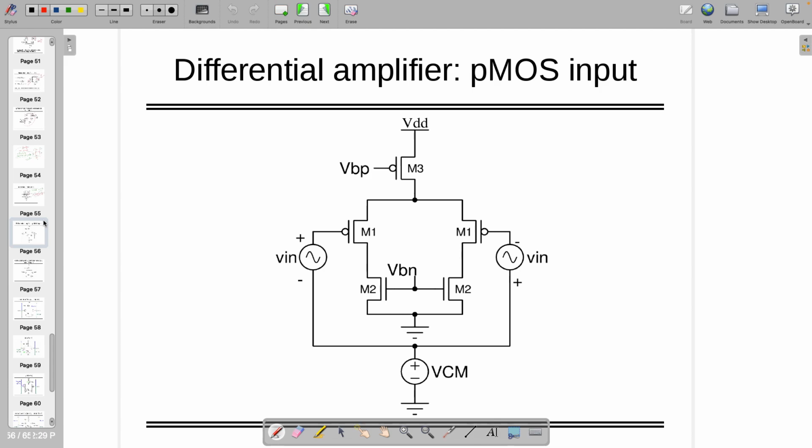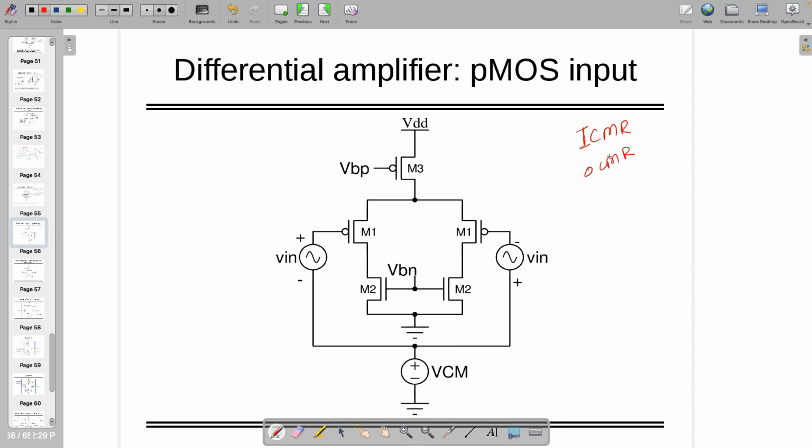But a very important thing is in any amplifier, how much DC potential you can give at the input side or how much DC output you can observe at the output side. That is known as the input common mode range or the output common mode range. Generally common mode is DC. However, it might be AC also.